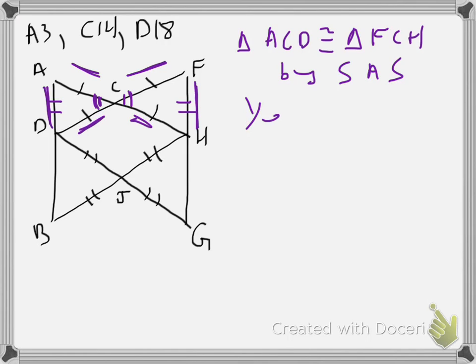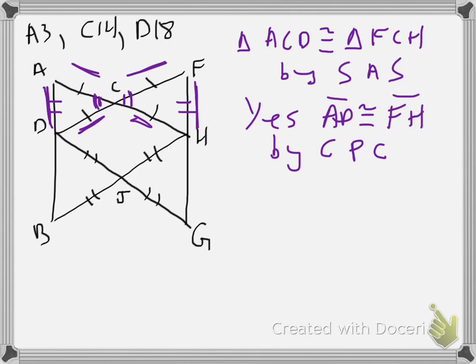So yes, AD is congruent to FH by corresponding parts on congruent triangles are congruent. So using SAS and CPCTC we can show that.